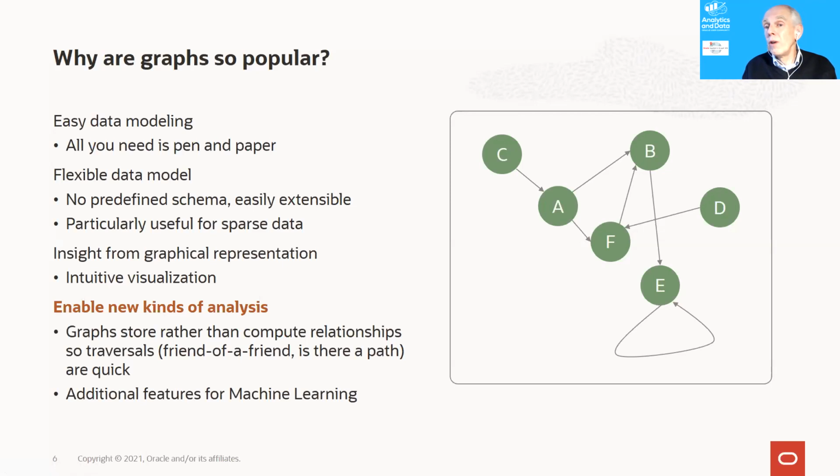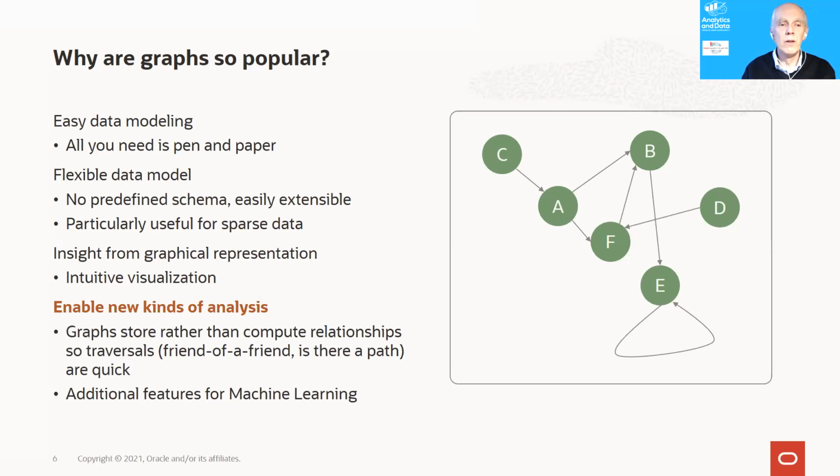Then, just by visually representing the graph, you can already generate a lot of value. Just by looking at things, you can find out a lot if you have the intelligence sort of in front of the screen. But the main reason why graphs have become so popular is that they provide very powerful tooling for the analysis of relationships, looking at traversals, right? Is there a path between A and B?